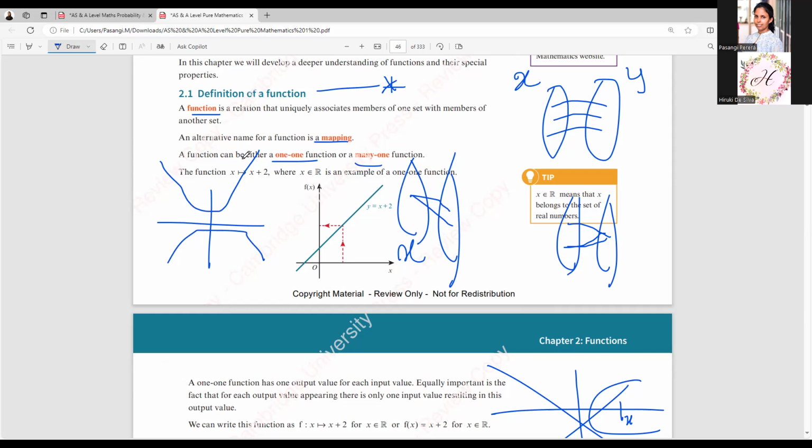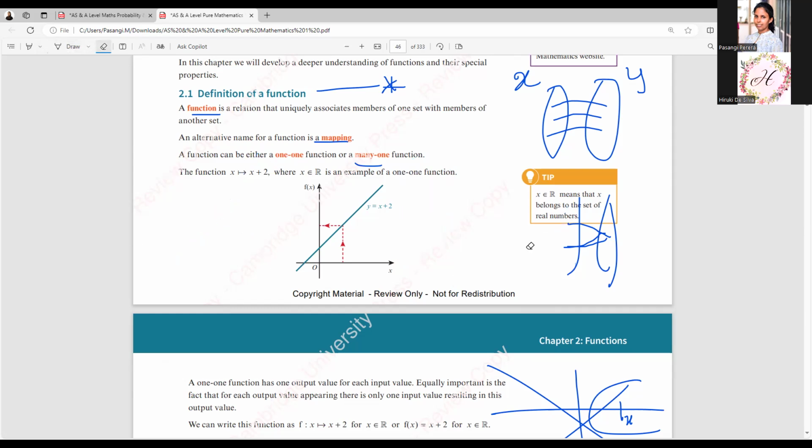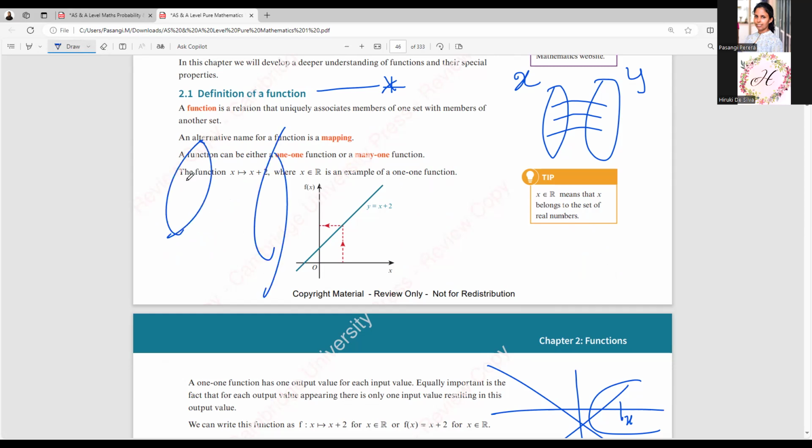We don't have a one to many function, because if it's one to many, that means per one value in x we would have many values, which means it's not a function.